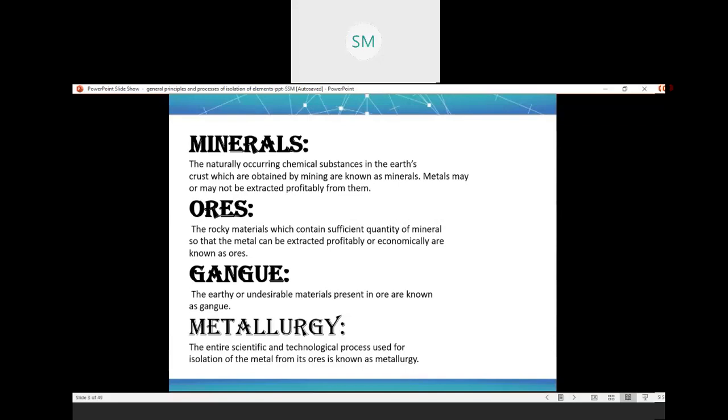The rocky material which contains a sufficient quantity of mineral so that the metal can be extracted profitably or economically is known as ore. The earthy or undesirable material present in the ore is known as gangue. The entire scientific and technological process used for isolation of the metal from its ore is known as metallurgy.